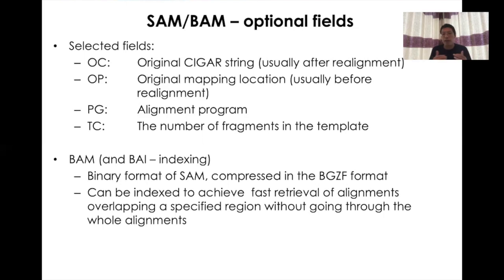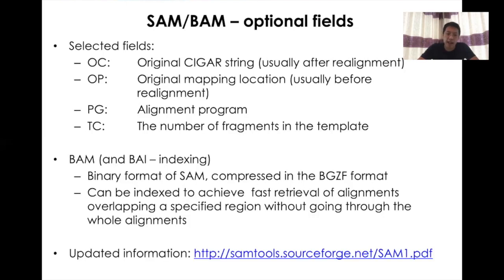If you say, okay, tell me the reads that align from here to here, and you have to go through every single read, you'll be in trouble. But because this file is indexed, you can very quickly say, from chromosome 1, from this location to this location, give me all those reads, and this can be retrieved very, very quickly. So you don't have to go through individual reads. That is a very, very important feature. We use that constantly.